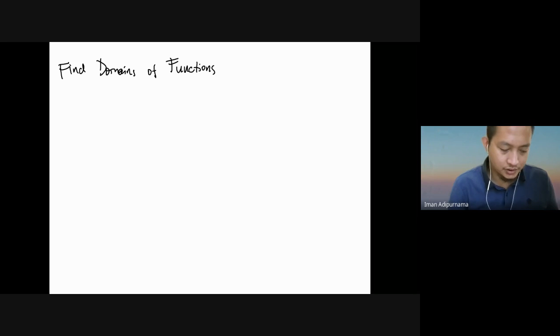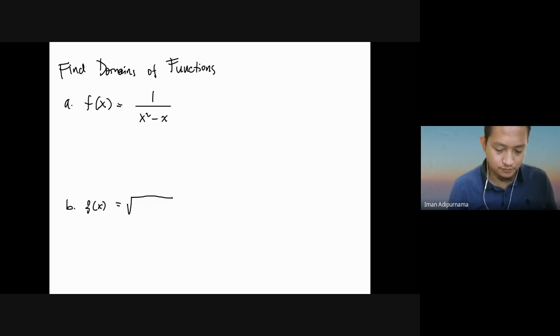Find domains of function. First one is... second one is... third one is... Okay.